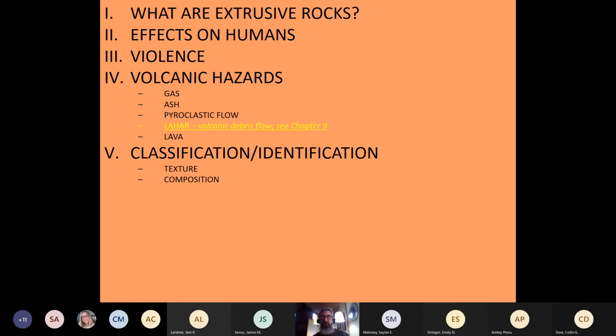So thinking back to chapter 3, last week when we dealt with phaneritic rocks, that was large grained, grains that are large enough to identify, technically larger than a millimeter across, but large grains. That's what happens when magma cools below the surface.